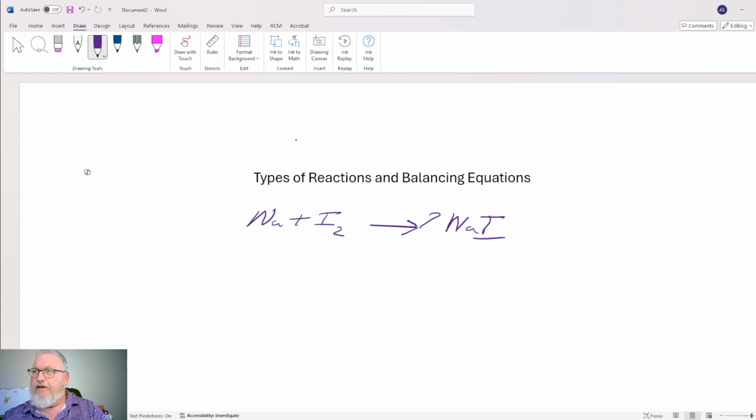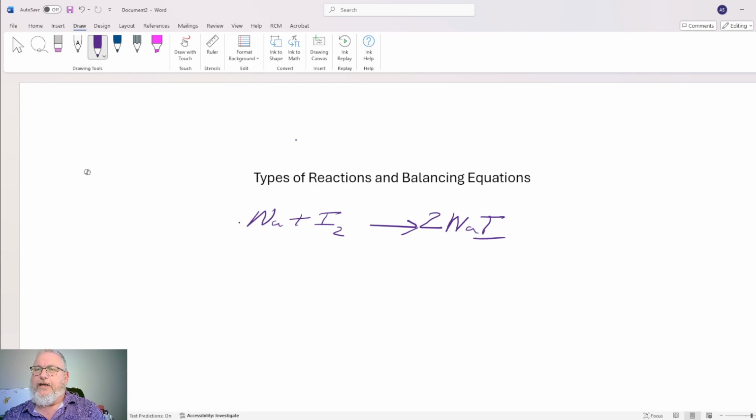So that means I have 2 moles of NaI. We know what a mole is. A mole is 6.02 times 10 to the 23rd number of particles. Or if we look at the nanoscale, that means I have 2 molecules or 2 formula units of NaI. So now I've got 2 I's, but it also means now I've got 2 Na's.